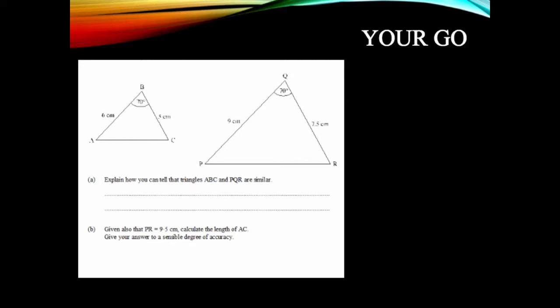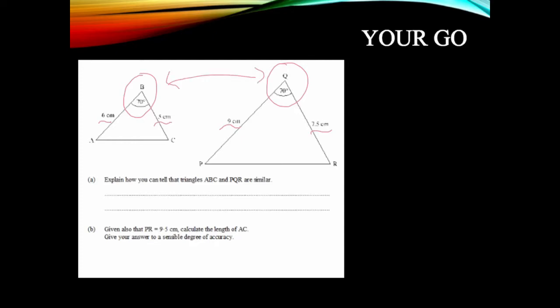Okay, so in terms of how you would tell that these triangles ABC and PQR are similar, what I want you to do is to notice that we've got an angle and we've got a side here and a side here. Now, the angles are the same. We can see that straight away.